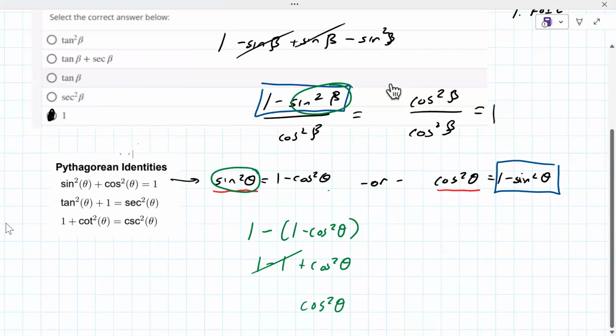1 minus sine squared B over cosine squared B, which is equal to 1. Sine squared theta plus cosine squared theta is equal to 1.